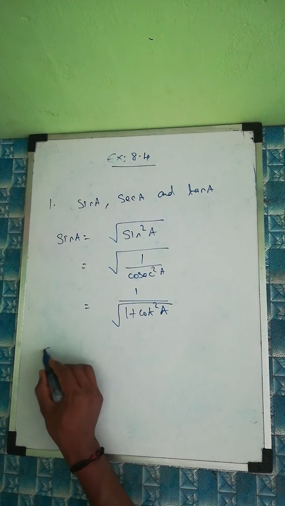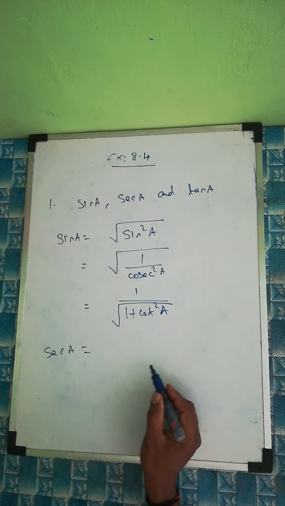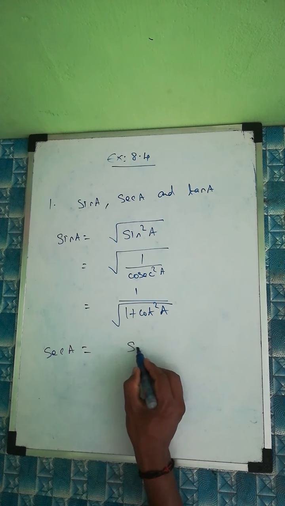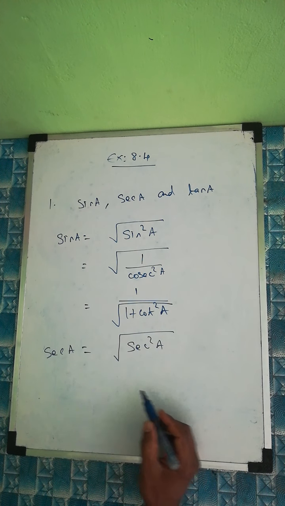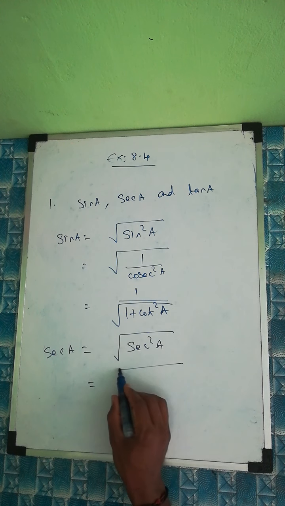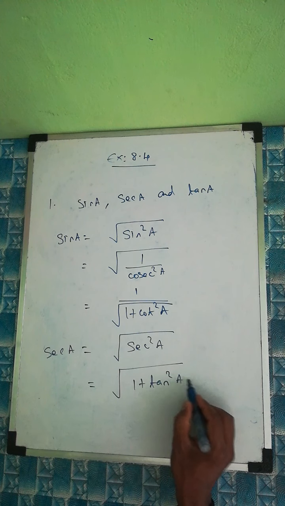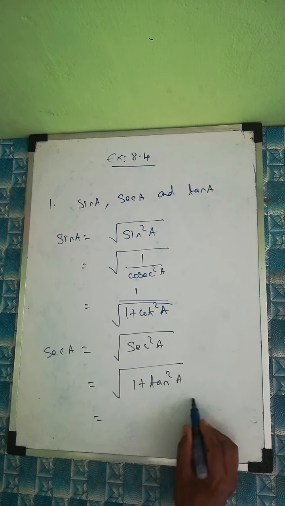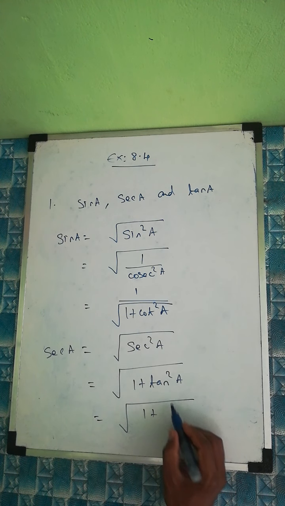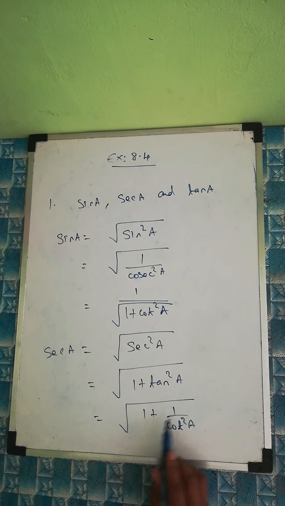Again, sec A, we can put square here, secant square A, and again secant square, the formula is 1 plus tan square A. And we need cot, so we need to change it again. And the tan formula is 1 by cot, so you can write 1 plus 1 by cot square A.